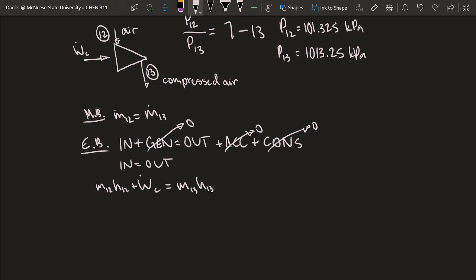Okay, so this is compressed air. What we're going to be looking at is the changing of CP values, because that's what H13 minus H12 is.